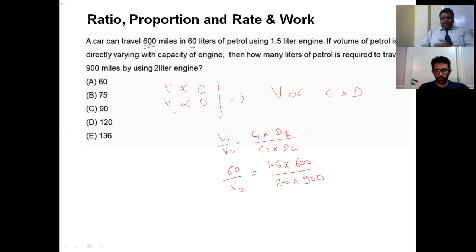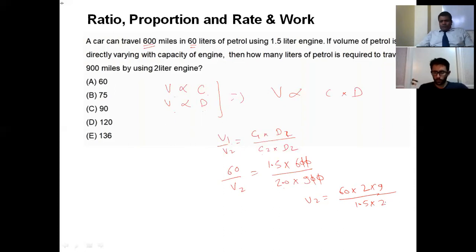I think it's not 75. So V2 is equal to 60 into 2 into 9 divided by 1.5 into 2.